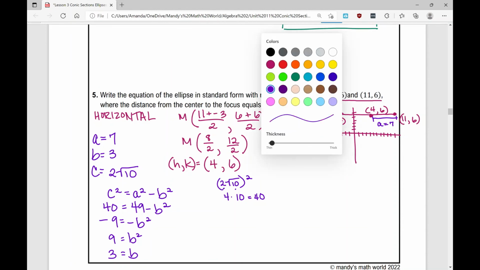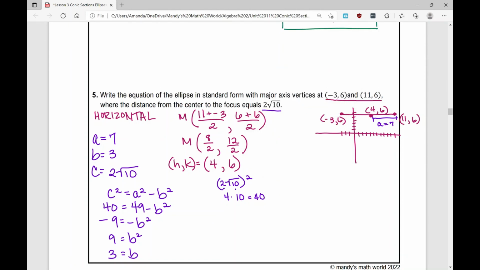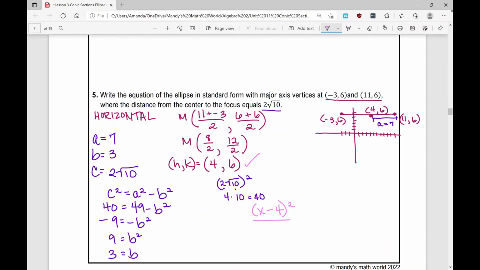Now let's write our equation. First, let's write our numerators, because I'm going to use my center point to write those. Using my HK, the numerator is going to be x minus 4 squared over something plus y minus 6 squared over something, and I'm going to set it equal to 1.